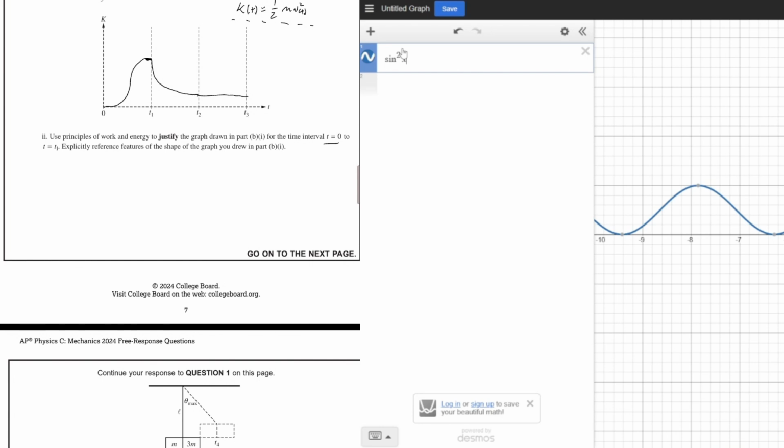There's really no other way to explain this. I use simple harmonic motion, so I'll use it the same way.